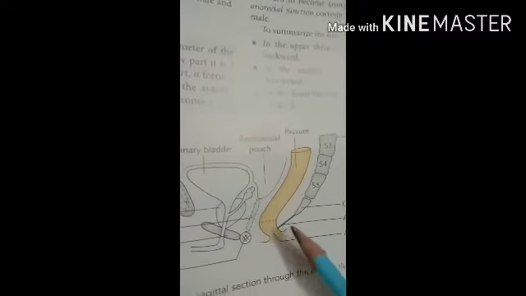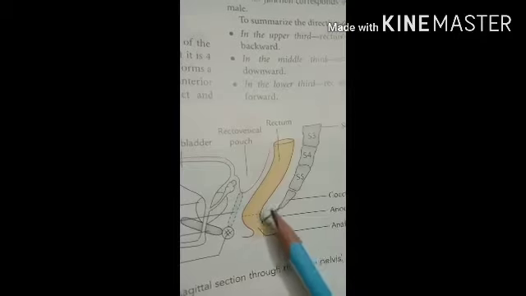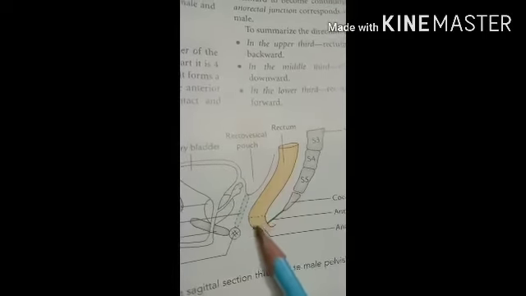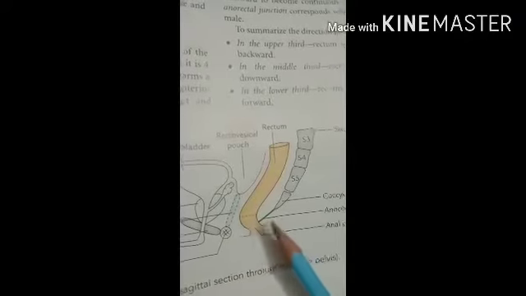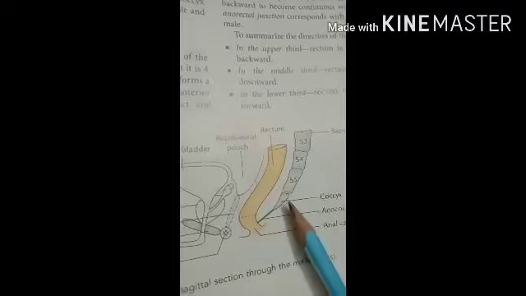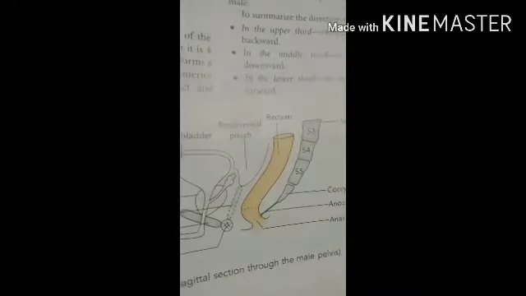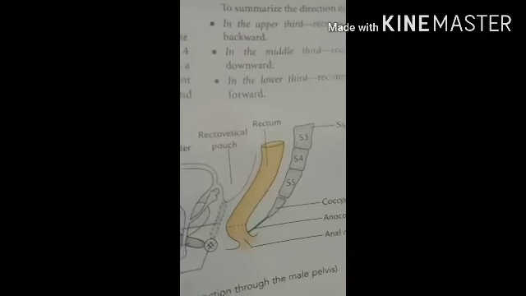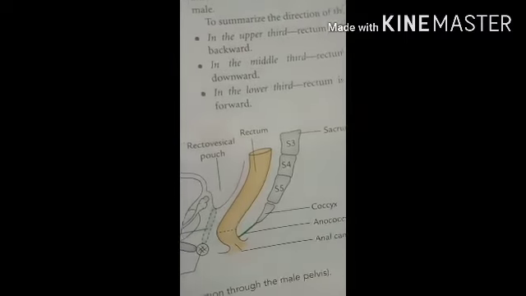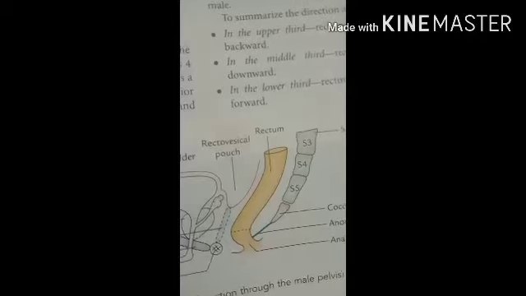And in both sexes, on the posterior side, the anorectal ring should be present. On the posterior side, the coccyx and the sacrum should be examined. Then on both lateral sides is the ischiorectal fossa, in both male and female, which should be examined.